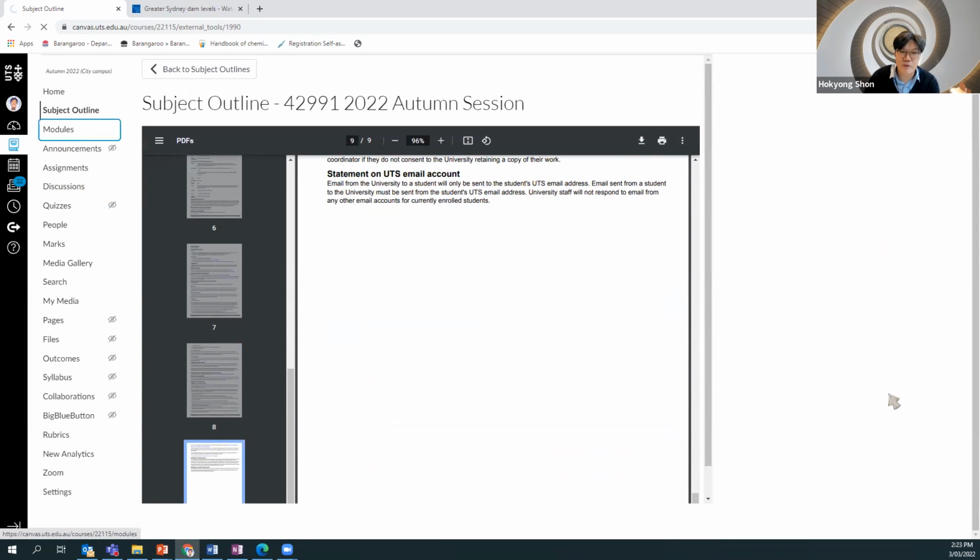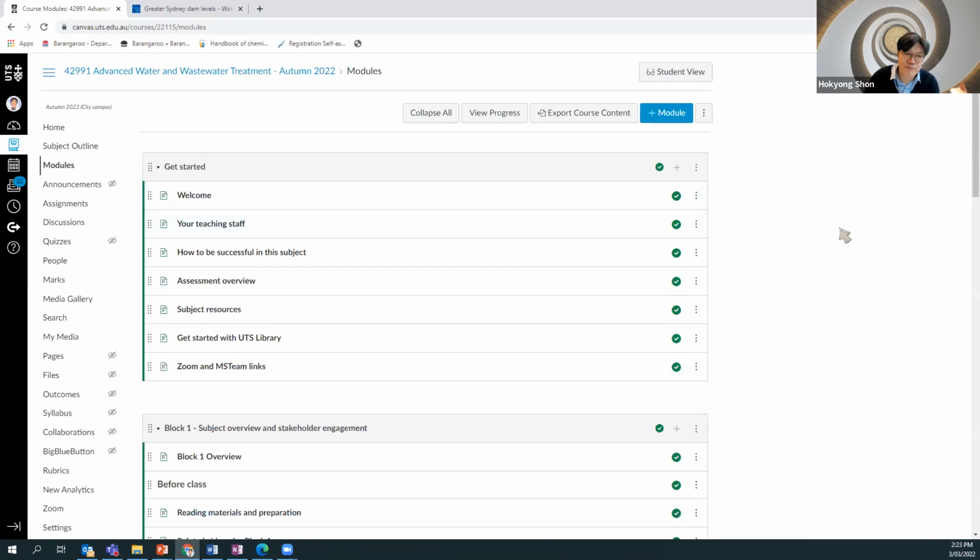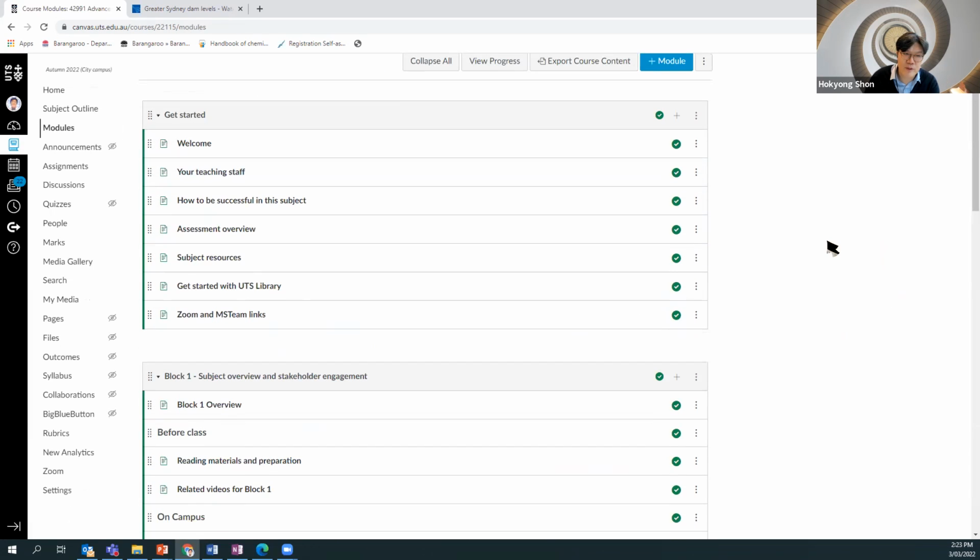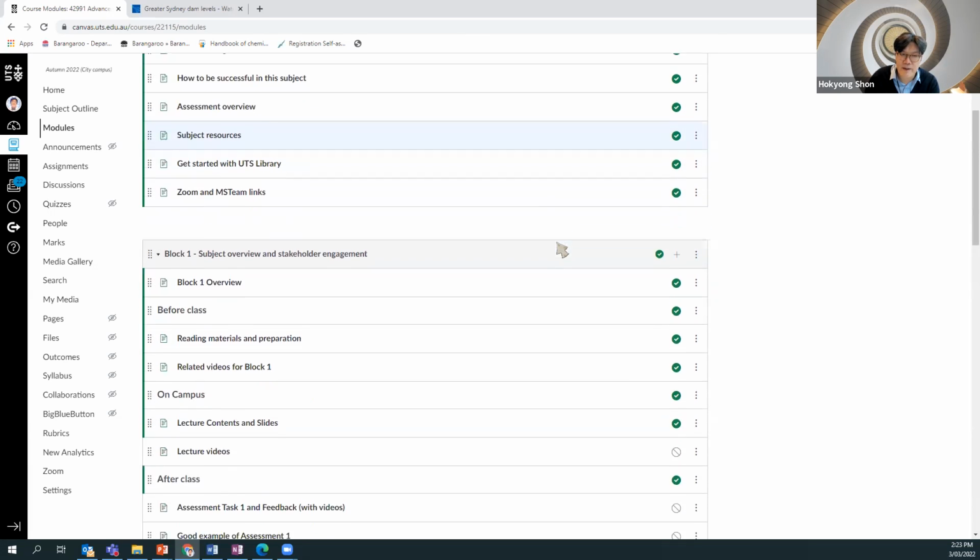And you can go to the modules. We have 3 modules. The first has the basic information, which is our subject scenario, subject assessment detail, and then block 1.